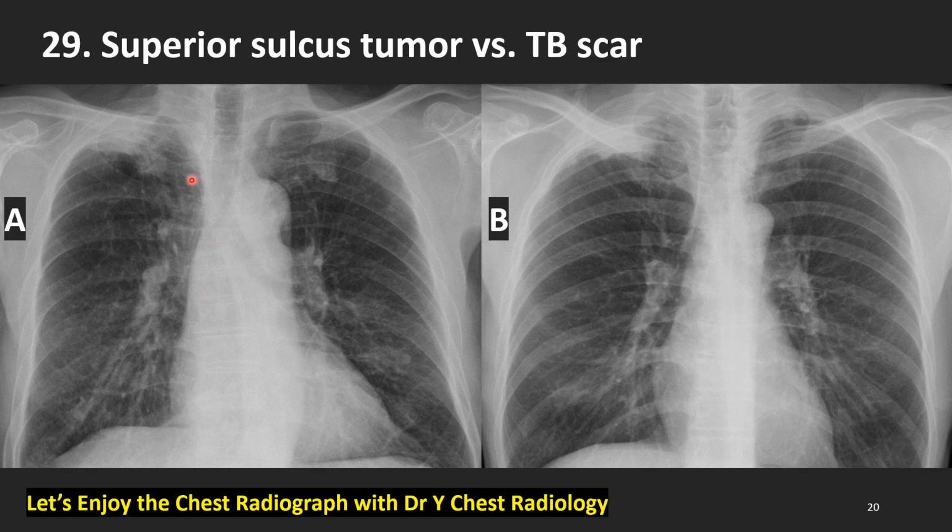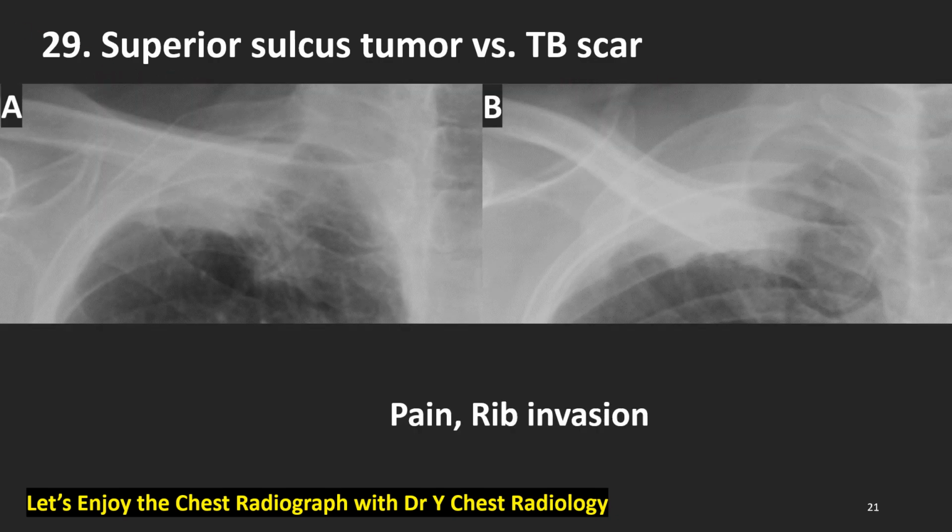The findings are very similar here and here. This is a magnified view of these two patients. Which one do you believe has a superior sulcus tumor? Yes, right side. This one is a superior sulcus tumor. This one is a tuberculosis scar.